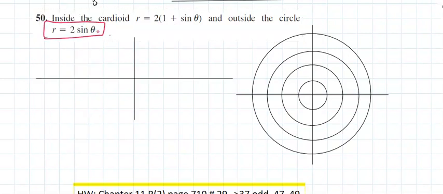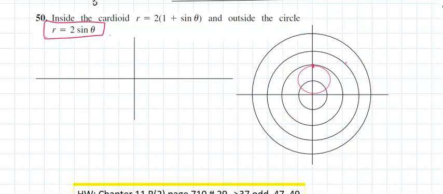This is a circle wrapped around the positive y-axis with a diameter of 2. There.